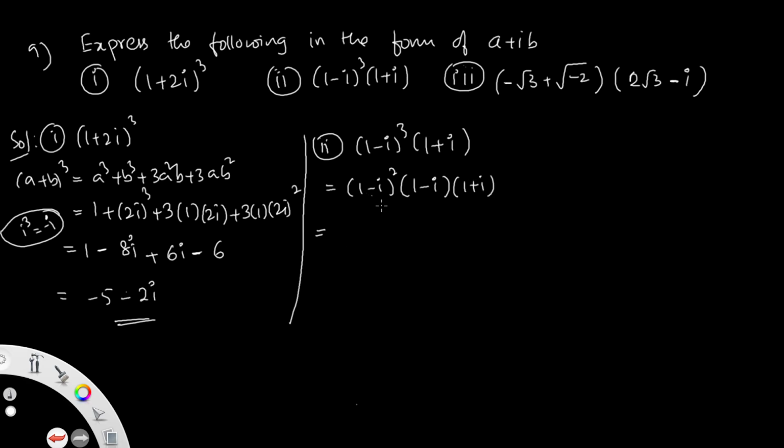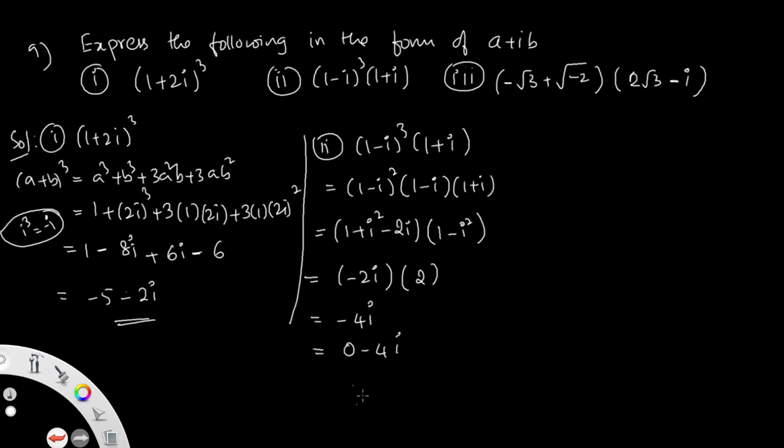Next, (1 minus i) whole square means (a minus b) whole square, that is 1 plus i square minus 2i, and the other two are in the form (a plus b) into (a minus b), that is a square minus b square. So i square is always minus 1, then you get minus 2i here. 1 minus i square means 2. So you get minus 4i, in the form 0 minus 4i.